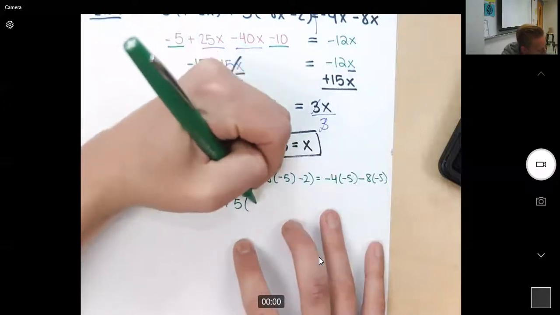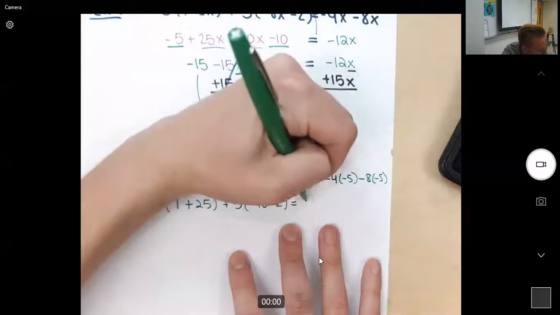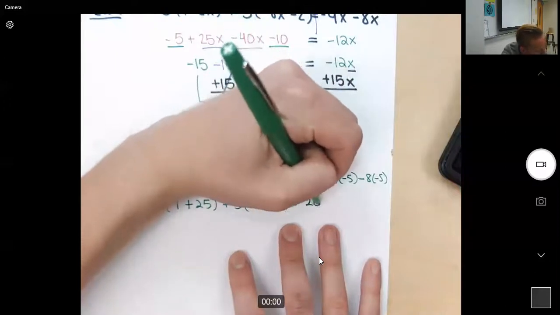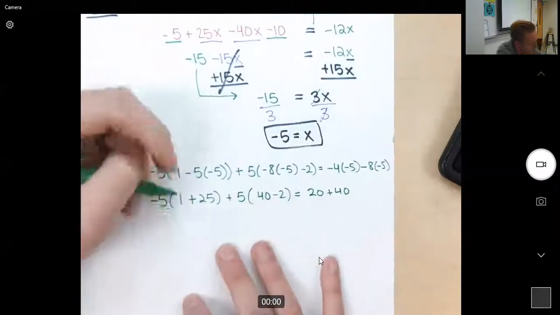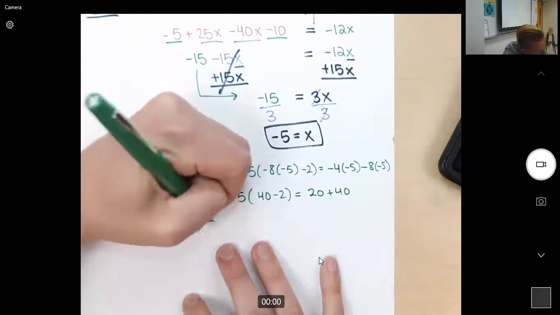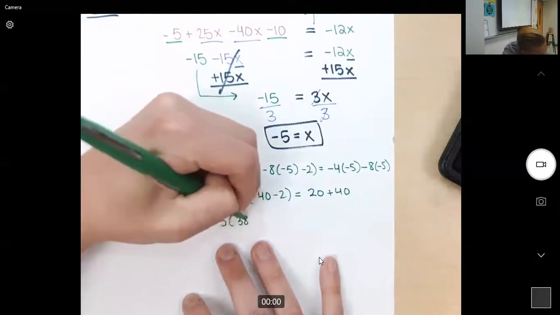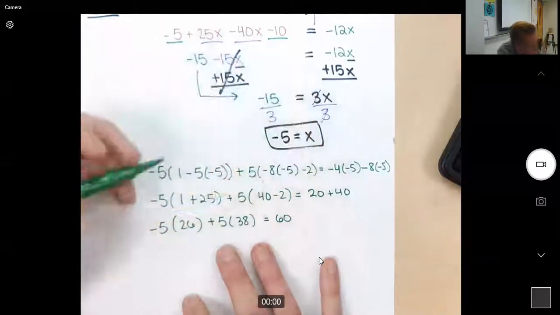Negative 8 times negative 5 is 40. Negative 4 times negative 5 would be 20. Negative 8 times negative 5 is 40. All right, negative 5 times 1 plus 25 is 26, plus 5 times 38 is equal to 20 plus 40 is 60.